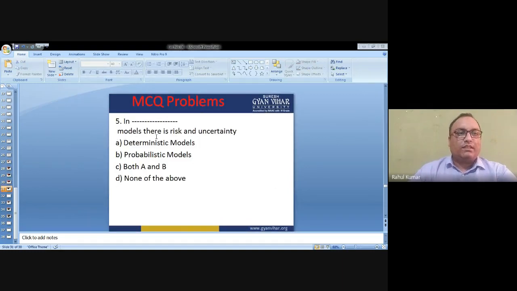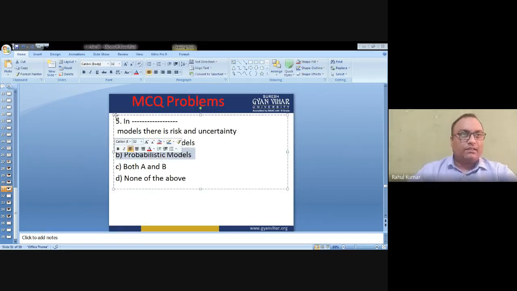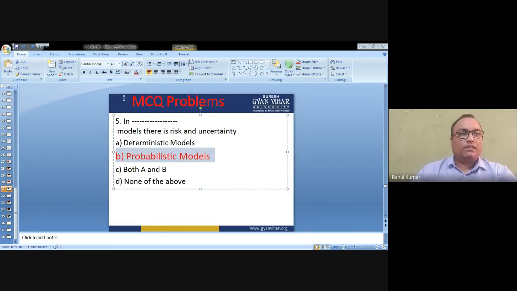In models, there is risk or uncertainty. The correct answer for this question is probabilistic, right?